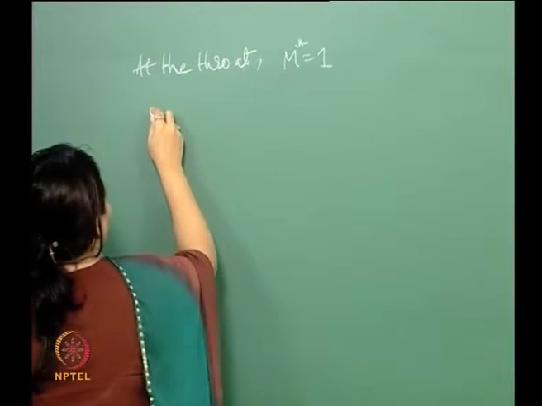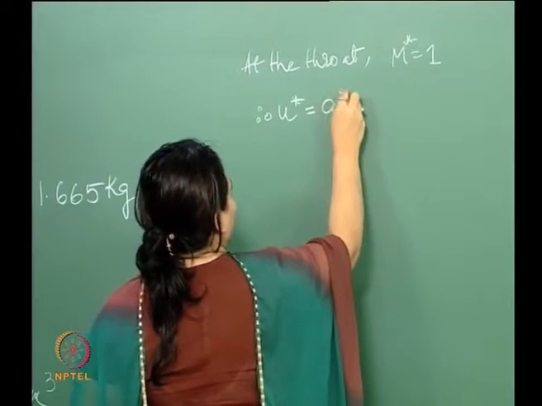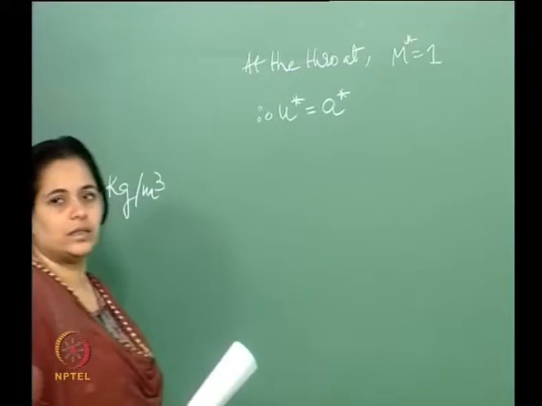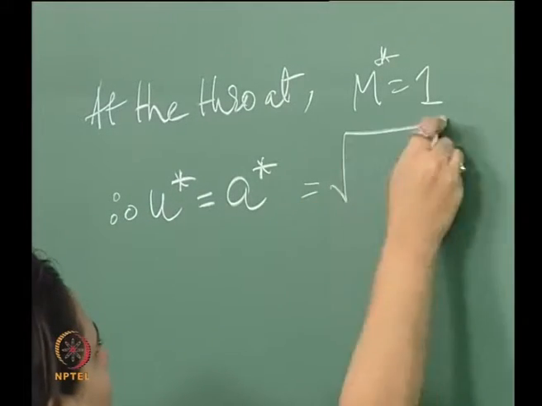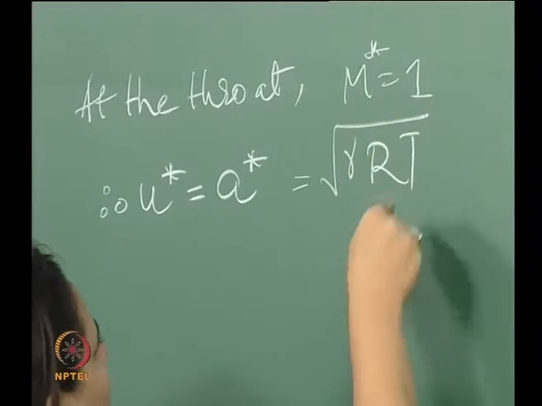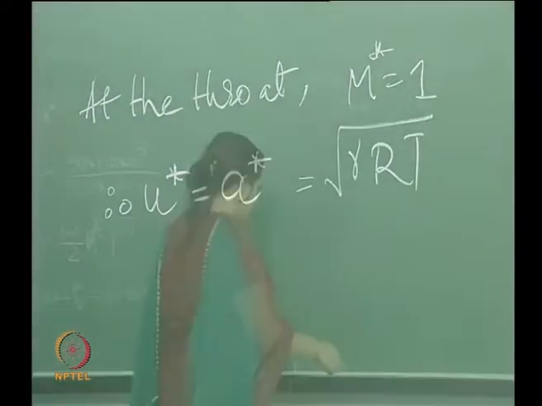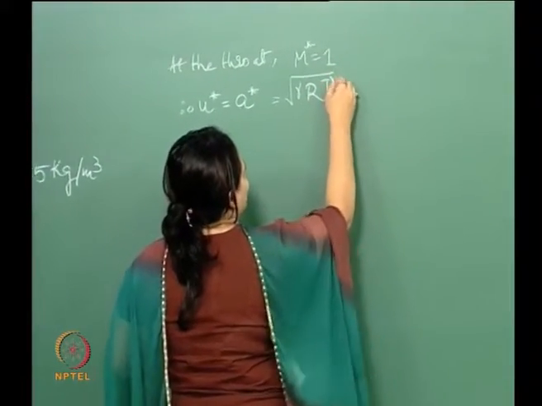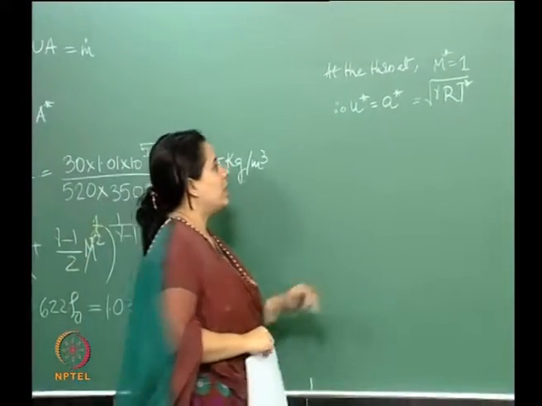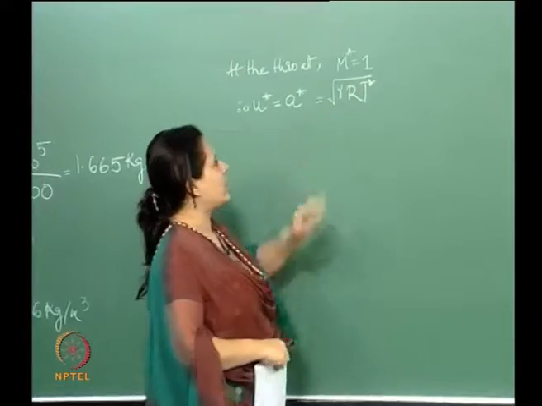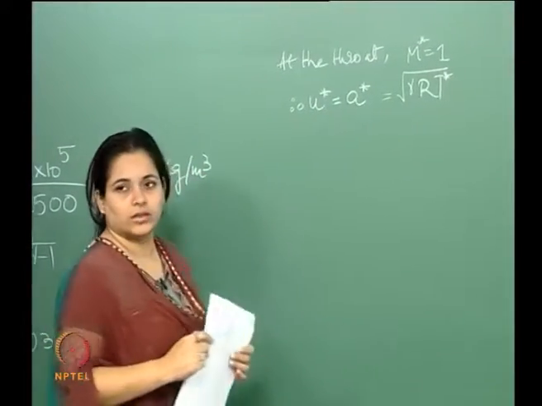So, therefore, u star is equal to a star, the speed of sound, which is the square root of gamma R T, and because it is at the throat I can write this as T star. Gamma and R are constants which are known. I need to find out T star.